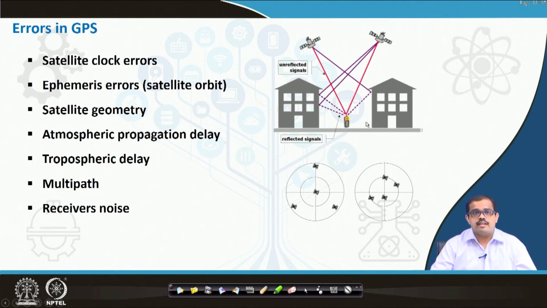That is nothing but a multipath error induced into your GPS. Then finally there is the receiver noise. Noise induced by the receiver may also be an error in this GPS system.